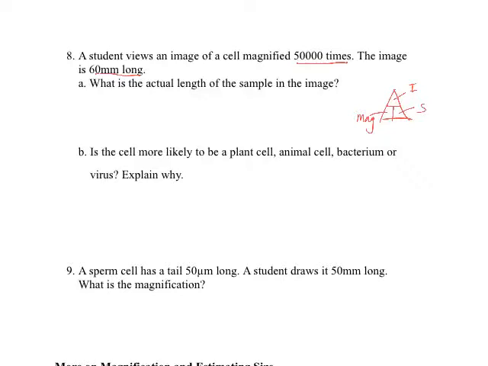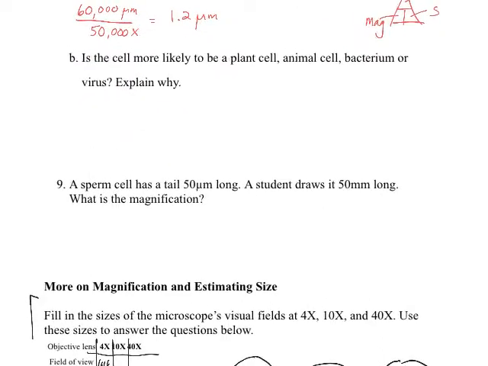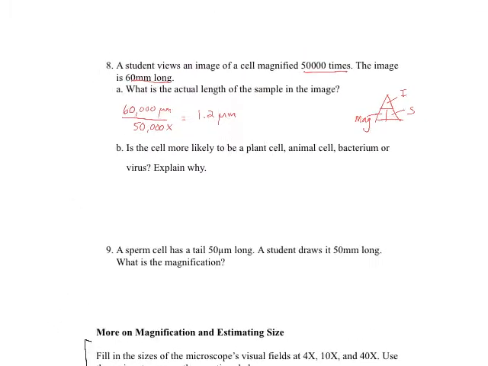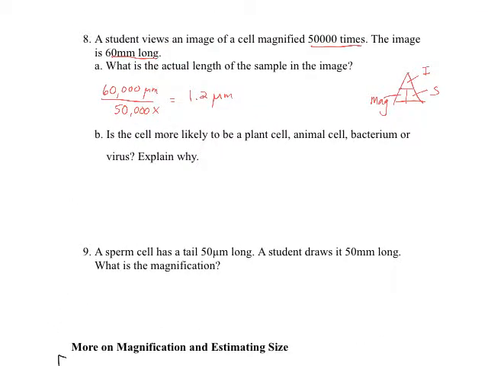So it's going to be 60,000 micrometers divided by 50,000 times equals 1.2 micrometers. Okay, so the cell is very small, so it's probably going to be a virus, because it's very small.